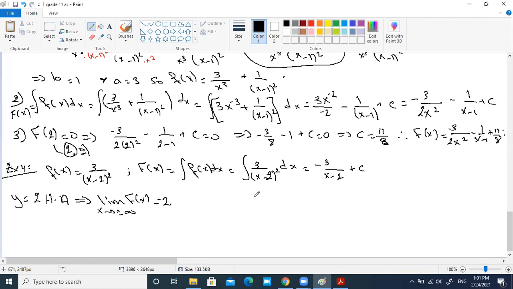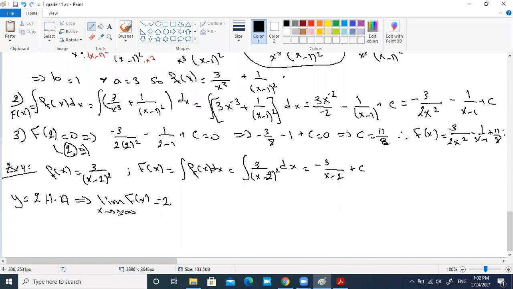Sometimes you have a horizontal asymptote y equal 3 at positive infinity and no asymptote at negative infinity. In exercises, in the statement or in your solution, you determine that we have y equal to a horizontal asymptote at positive infinity, meaning on the right side. Here this horizontal asymptote will be at both negative and positive infinity.